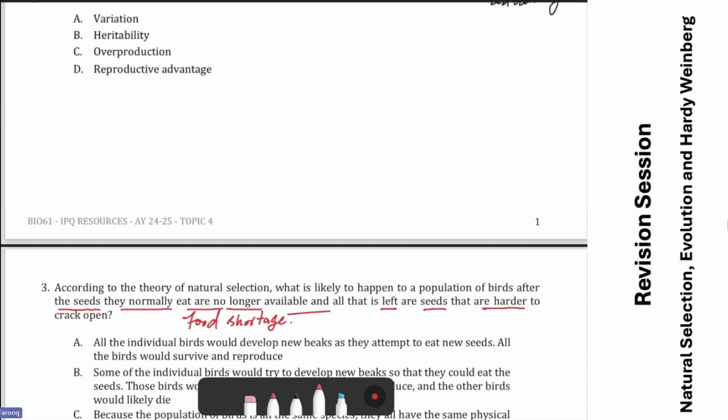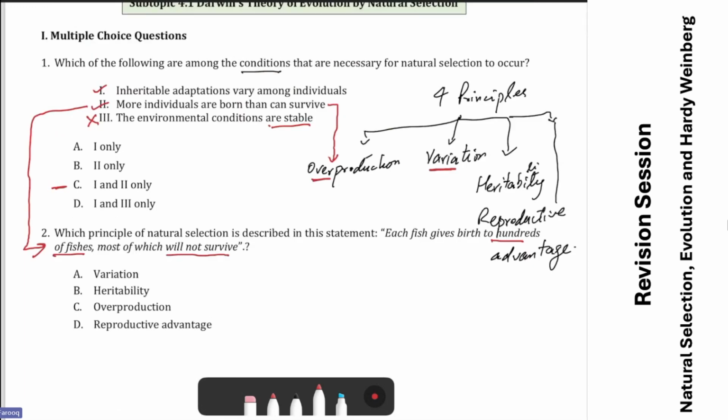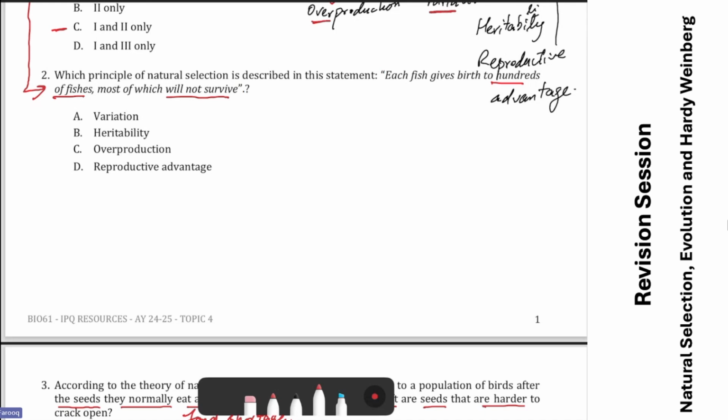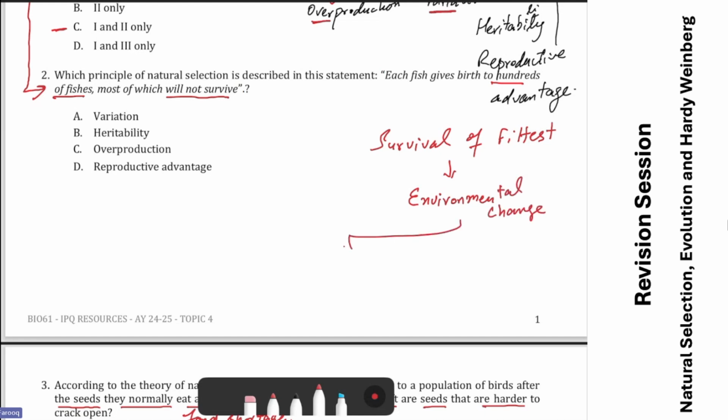As per the 4 principles and as per Darwin's theory of natural selection, we always talk about survival of the fittest. Survival of the fittest relies on environmental change. So it always depends on environmental change where we focus. The organisms are divided into 2 categories.